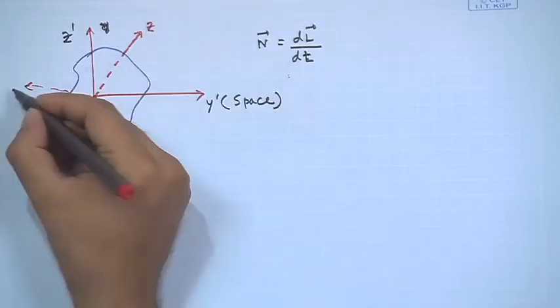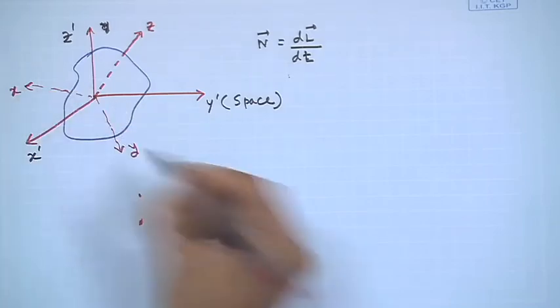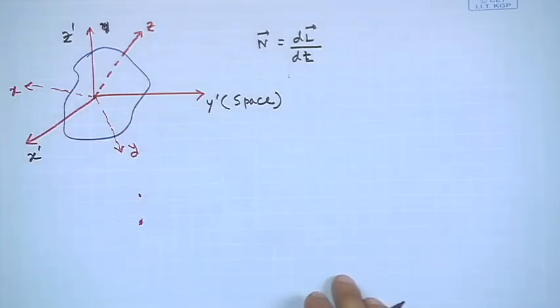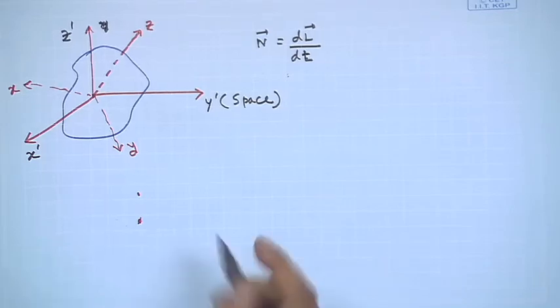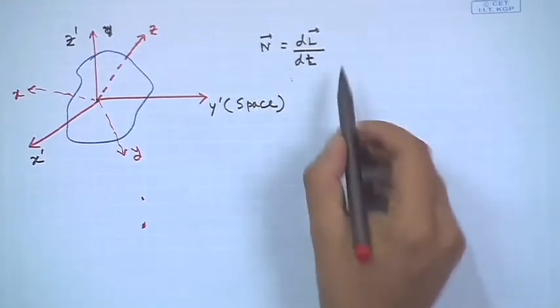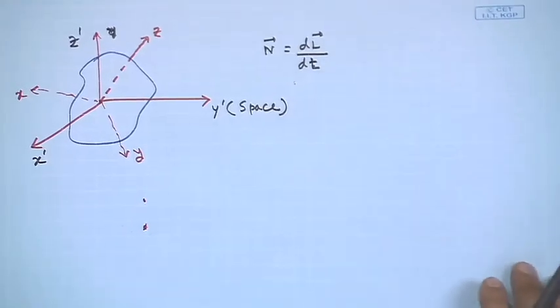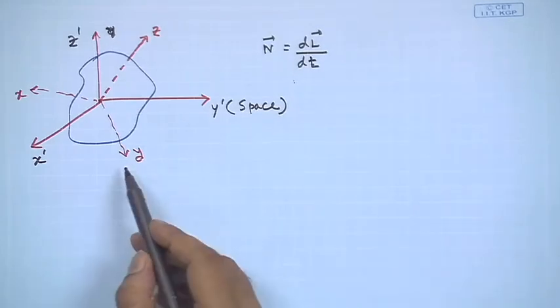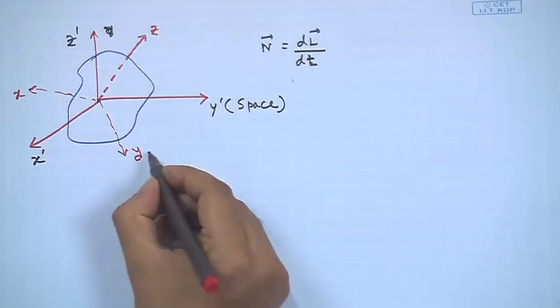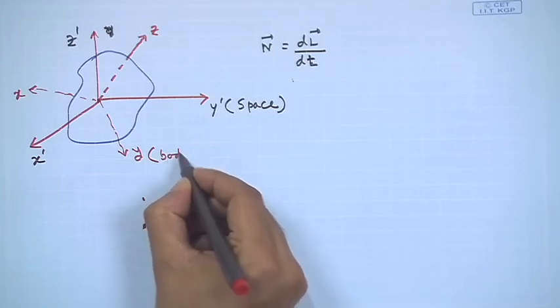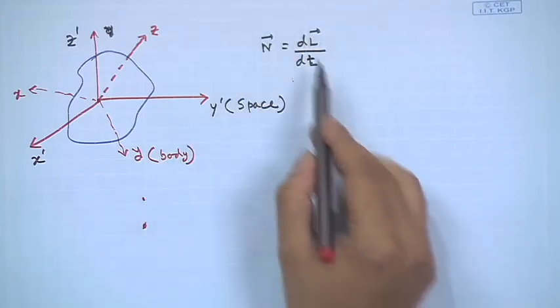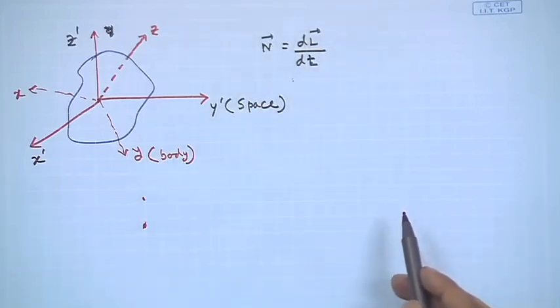So, we have x, y and z. Now, let us try to understand what will be the form of this particular equation in the reference frame which is rotating along with the body. That means we try to write this equation in the body set of coordinates.